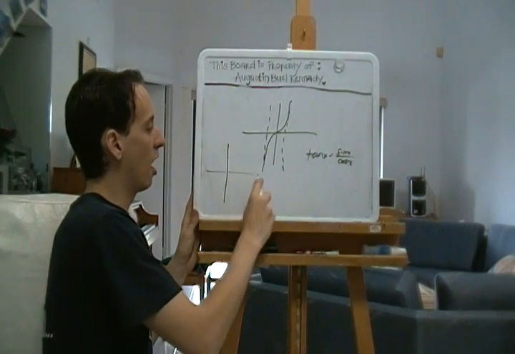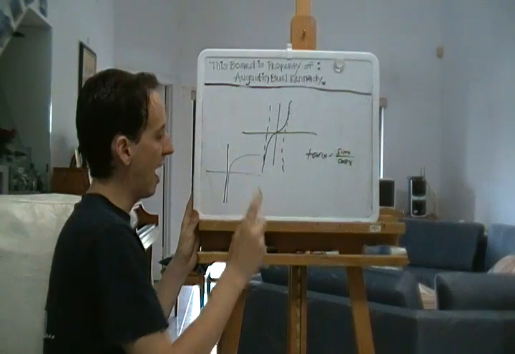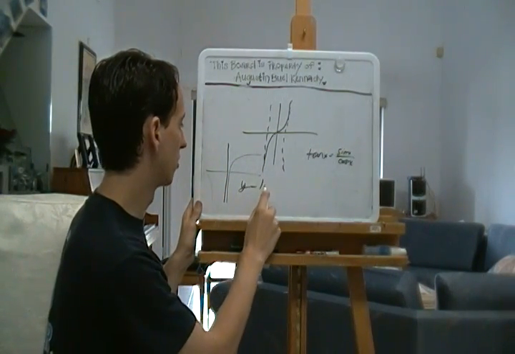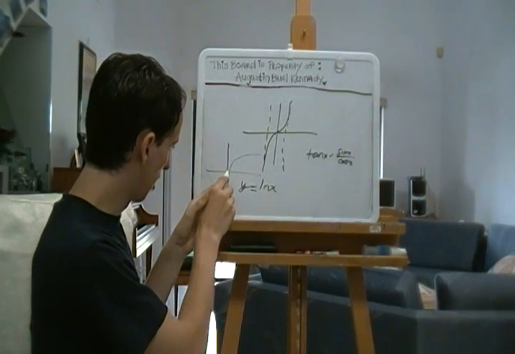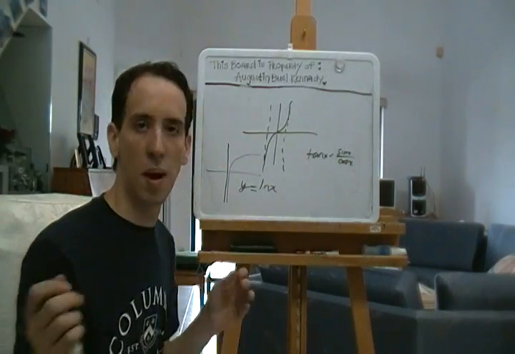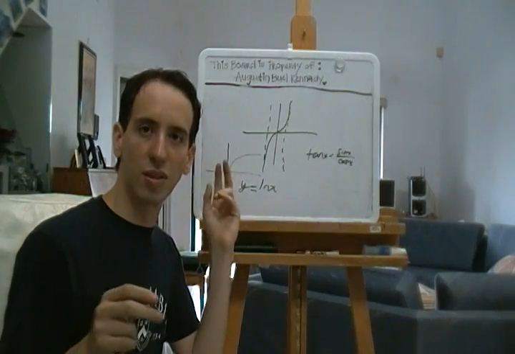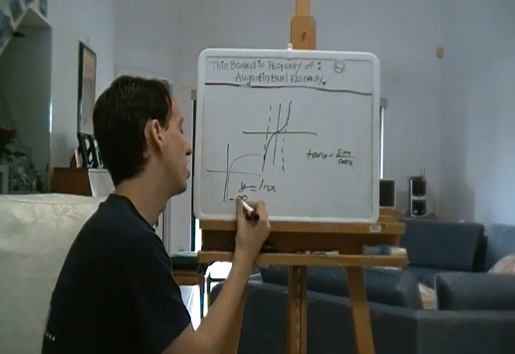Take something like the natural logarithm, y equals ln x, that has a natural asymptote right here at the y-axis. Because remember, the smaller the number, if we're dealing with a decimal here, we're just going to go to a very, very large negative number.